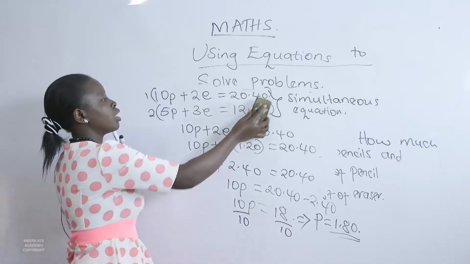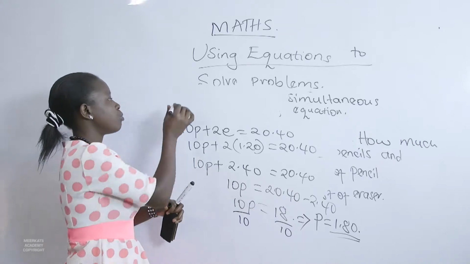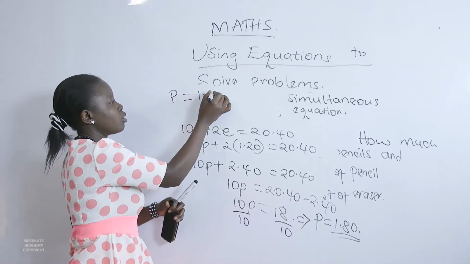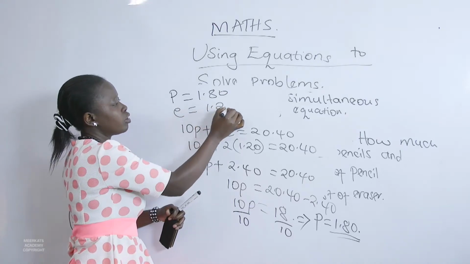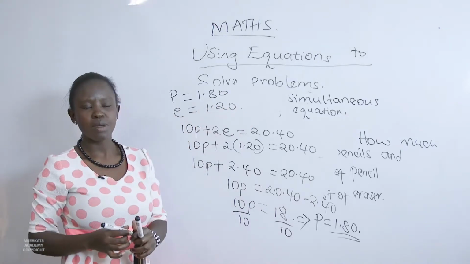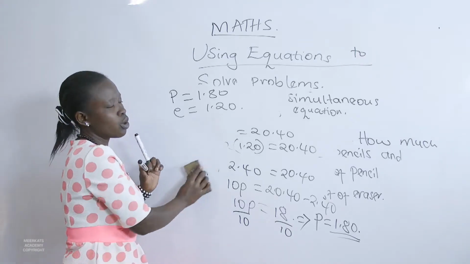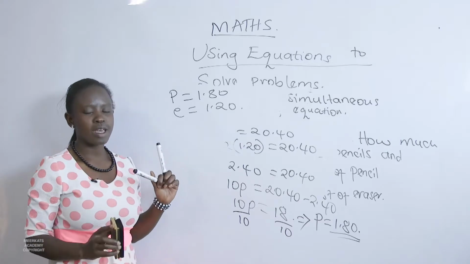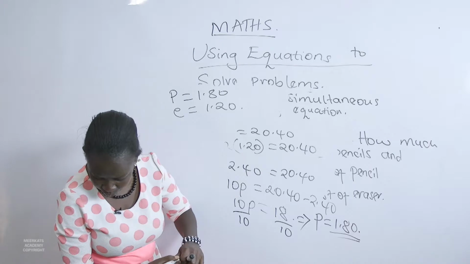We know that a pencil will cost 1.80, an eraser will cost 1.20. So keeping that in mind, the last part of the question was requiring us to find how much Carl will pay.